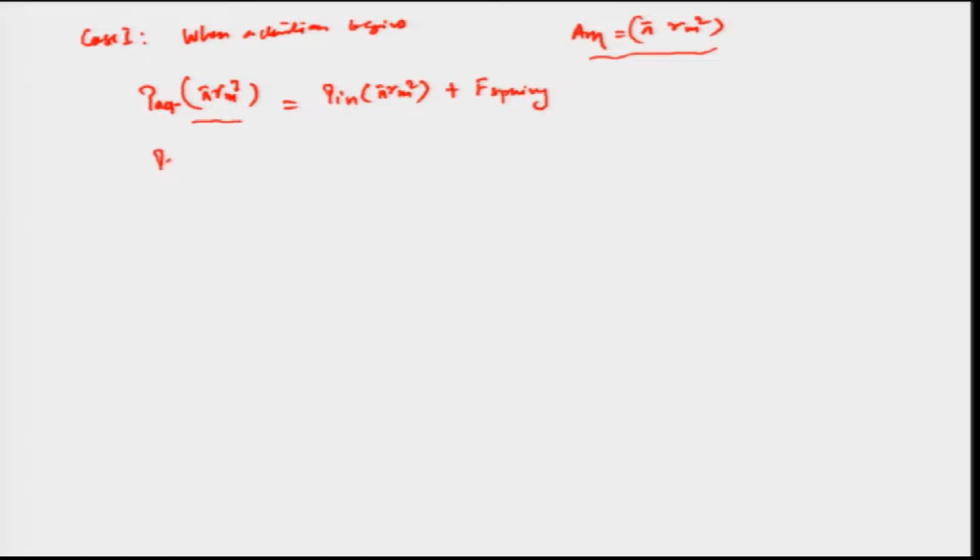We can divide by pi r_m squared. So, we have P inlet plus the total spring force kx divided by pi r_m squared, the inlet pressure being equal to 1 bar, and the spring force being equal to the k value times the total amount of deflection that it has to withstand, which is 20 microns.